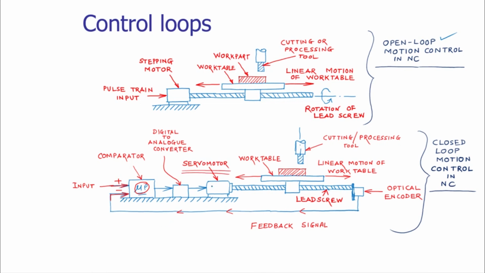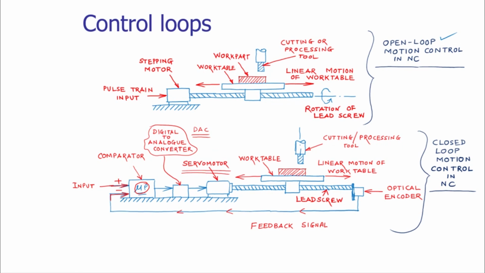But as we know that servo motors are analog devices, so we need a converter which converts the digital signals into the analog format. So we need a DAC device which converts the signals received from the comparator, and it will generate the analog signals to control the motion of the servo motor.